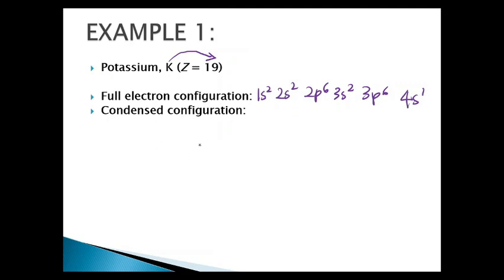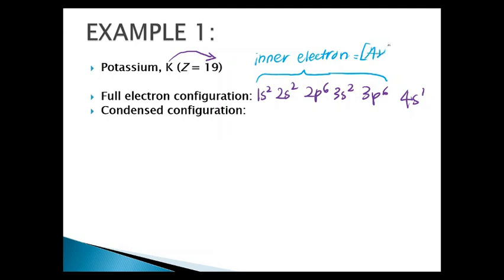For the condensed configuration, you can condense all the inner electrons, 1s2 until 3p6, as an element in group 18. We have 6 plus 2 plus 6 plus 2 plus 2, that would be argon.